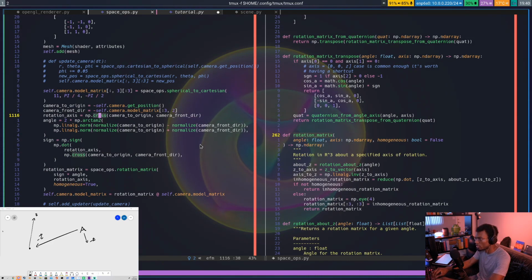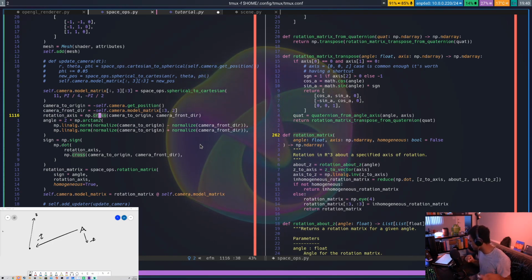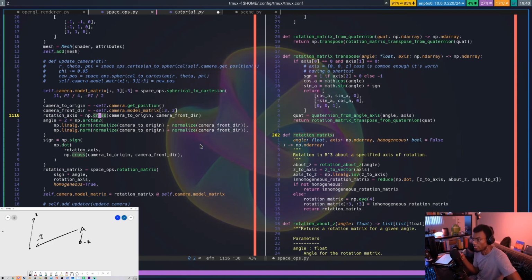Okay, then I'm gonna cross these. And when I cross these, what do I expect? Well, in this picture, which isn't drawn accurately because the z vector is going straight down, if I cross the camera to origin vector and then the camera front direction, I'll get something pointing out of the screen.